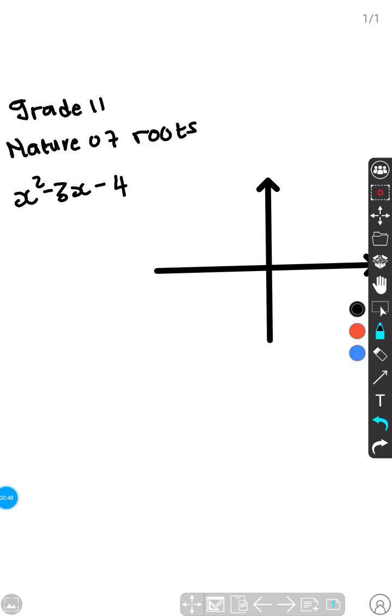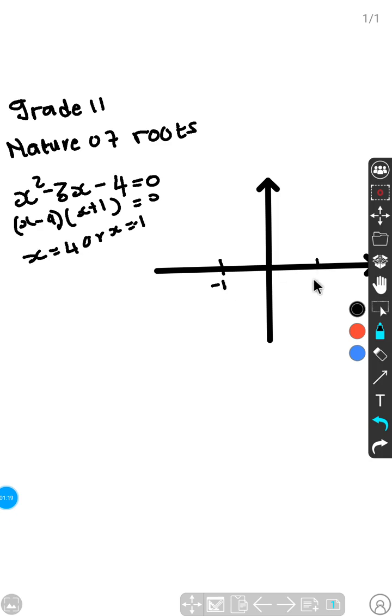Okay, so for an example, we have an equation here. Let's first solve for x. We're going to factorize x and x, and then minus 4 plus 1. So x is going to be equal to 4, or x is going to be equal to minus 1. Then we take these and put them on the Cartesian plane.